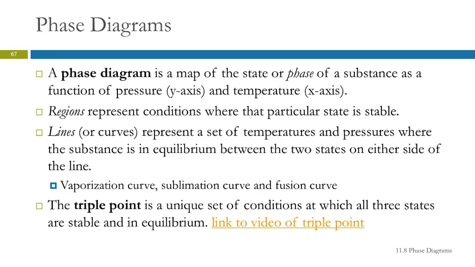The regions in that diagram represent conditions where that particular state is stable. The lines or curves represent the set of temperatures and pressures where you have an equilibrium between those two states. So there's a vaporization curve, a sublimation curve, and a fusion curve.